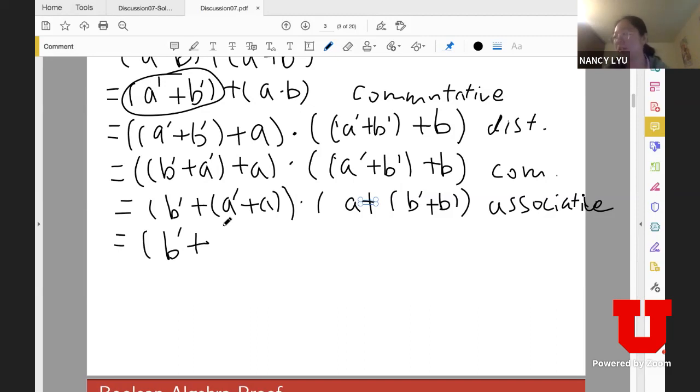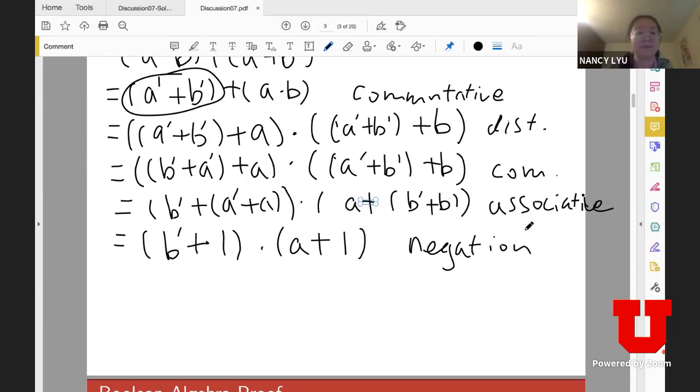If we're using negation, it will become 1, and this part was A plus 1. And what about next?